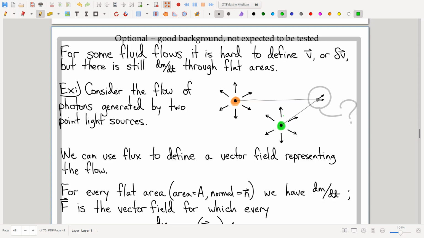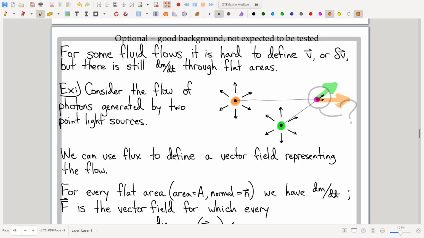That's what fluids do. The problem with this situation is that if you ask at a given point what is the velocity, or what is the density times what have you, the problem is you've got some photons going that way and you've got some photons going that way. So which direction, if I'm going to associate a vector to this point, which direction even should it point?